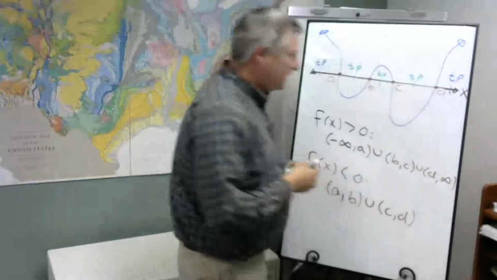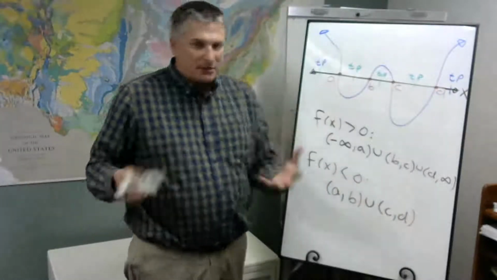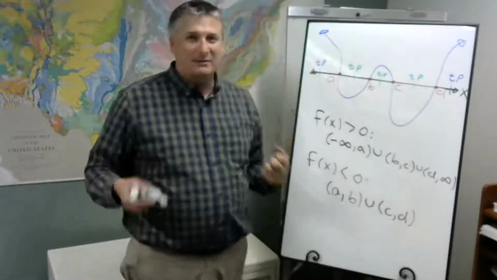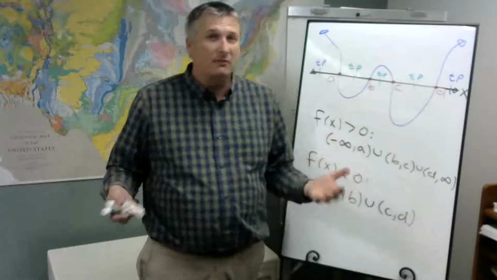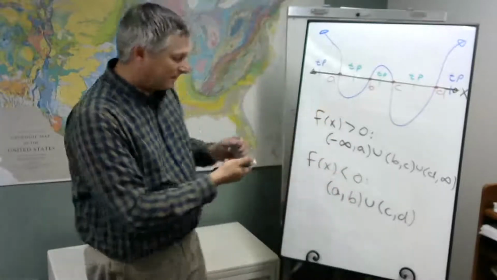And what these points will tell us is whether the interval the test point's in is above or below the x-axis, or f of x is above or below the x-axis within that interval.